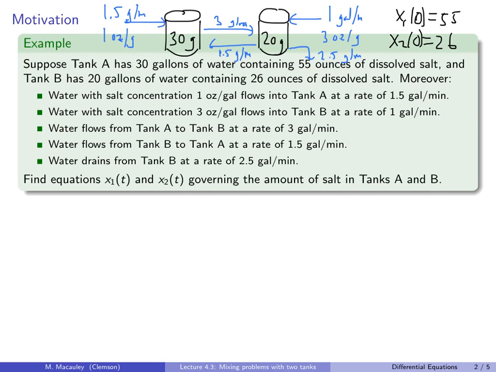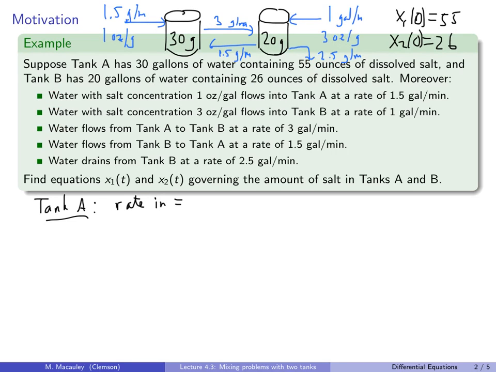Okay, so as before, we want to find equations x1 and x2 governing the amount of salt in tanks A and B. So as before, we will use our rate in minus rate out. So let's first do tank A, or tank 1. We've got to be careful here because there's water coming in this direction and that direction.